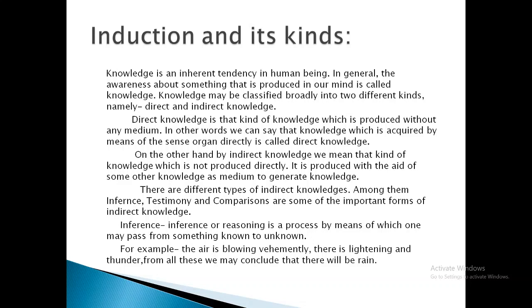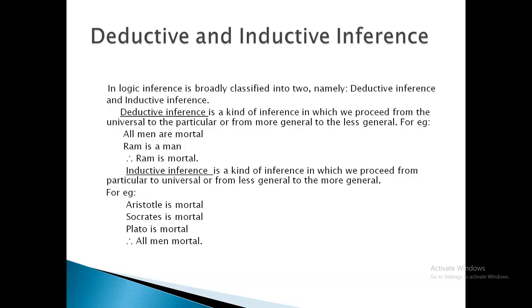We have not seen all men as mortal, but we are inferring, we are reasoning that all men are mortal because Ram is mortal, Sham is mortal, Jadu is mortal. After perceiving some cases, we are concluding all men are mortal.